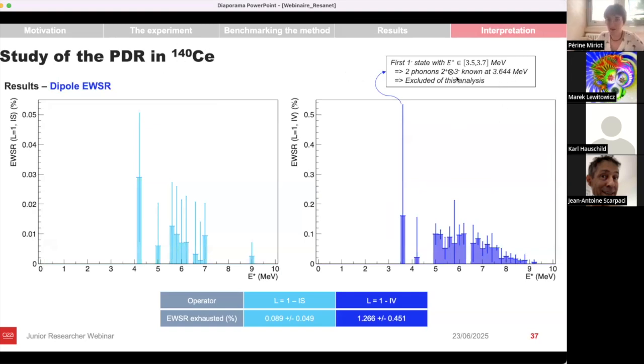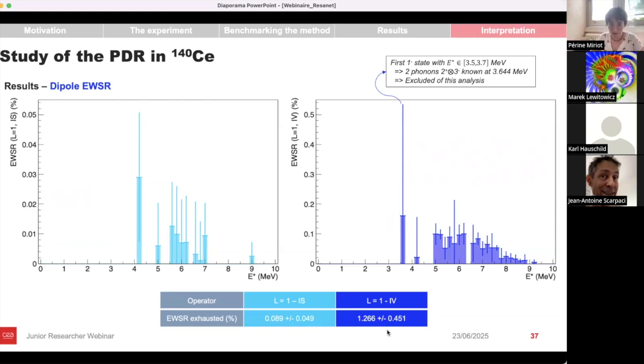But this state corresponds to a two-phonon mode of the first 2+ and the first 3- excited state of cerium, sorry. And so it is excluded from this analysis because it does not correspond to a pygmy dipole resonance state. So from those graphs, first, I extracted the total energy weighted sum rule exhausted in the pygmy region, between 4 and up to 9 MeV, that is to say up to the neutron separation energy threshold.